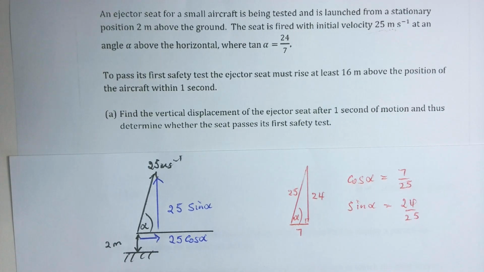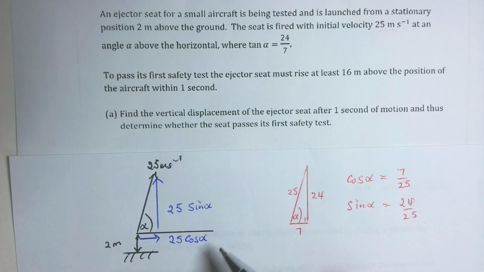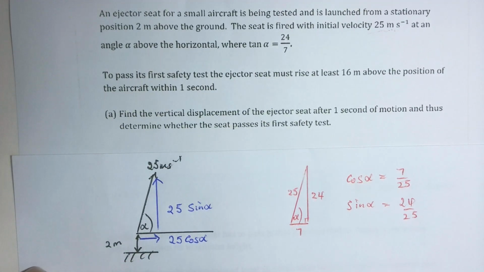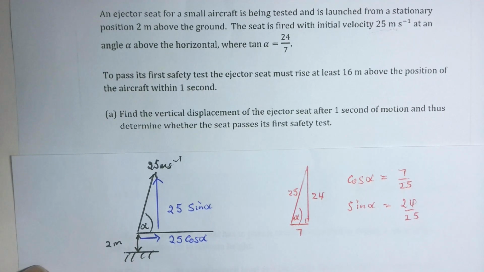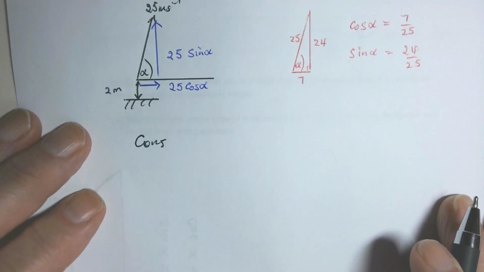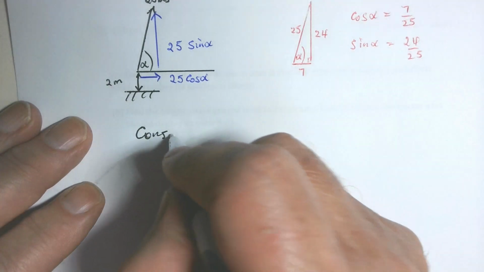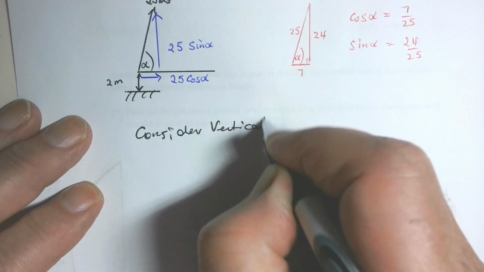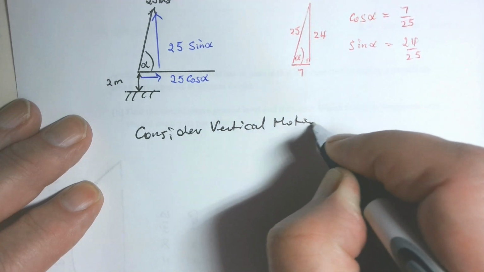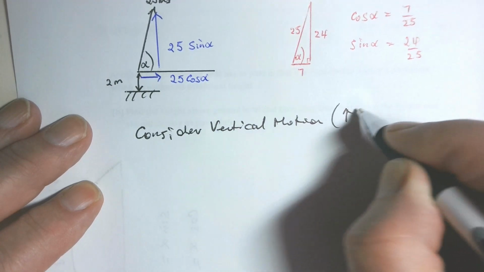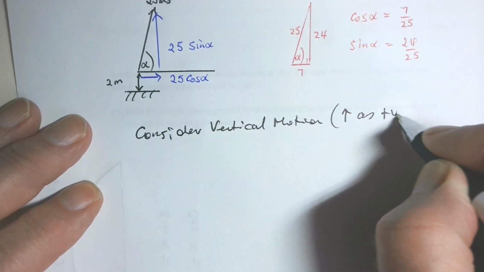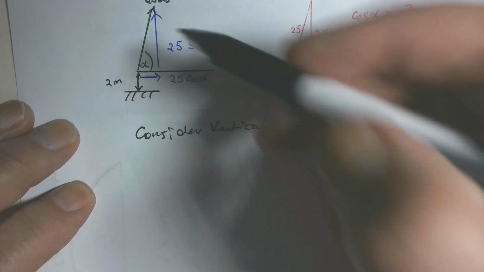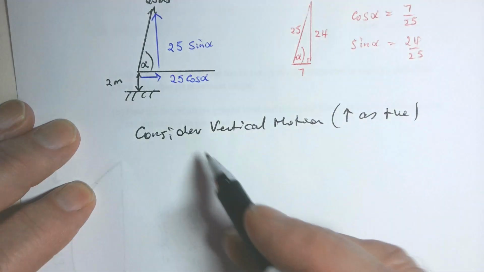Okay, going back to the question, now considering vertical motion, we're going to take upwards as positive, and we're interested in the distance that we travel upwards in 1 second.